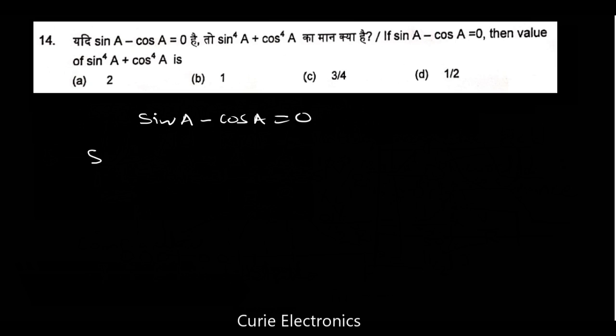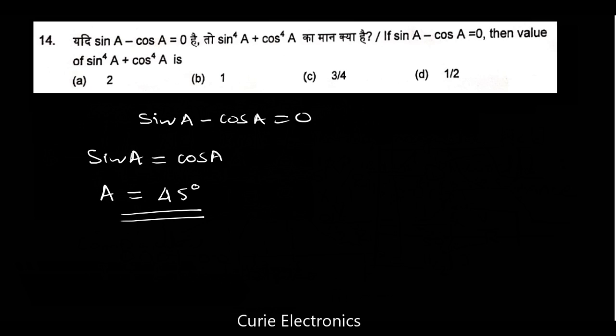So I'll write it as sine A equal to cos A. At what degree is the sine A value equal to the cos A value? That is 45 degree. So we will get A equal to 45 degree.